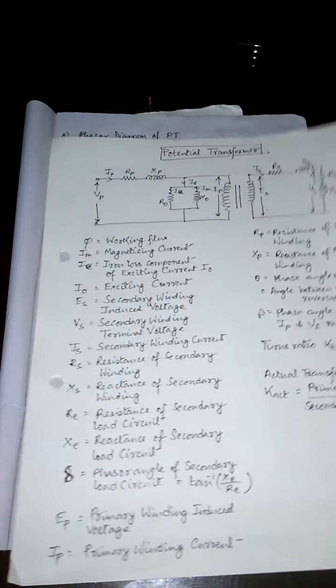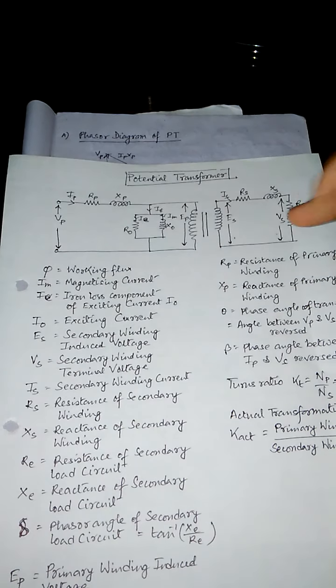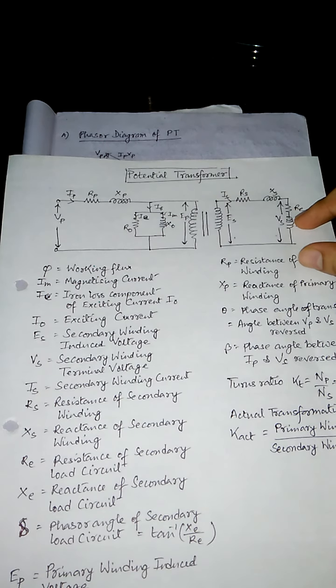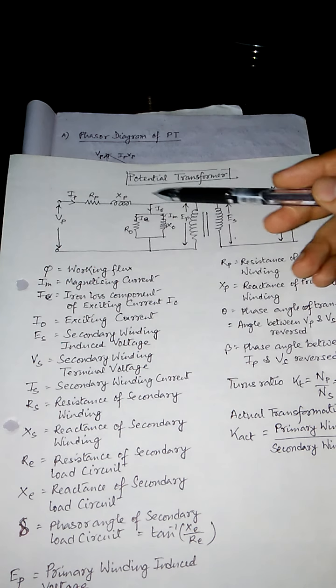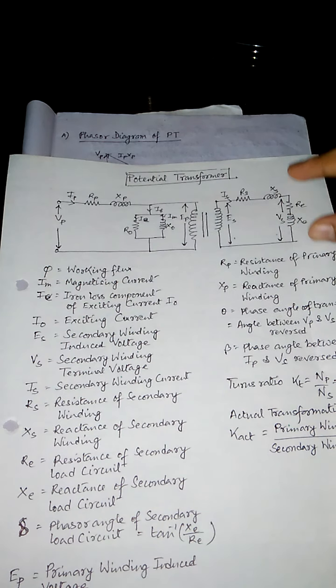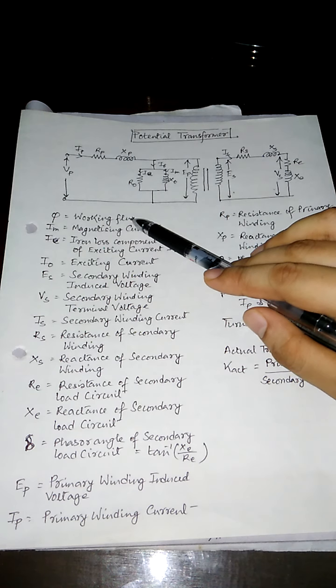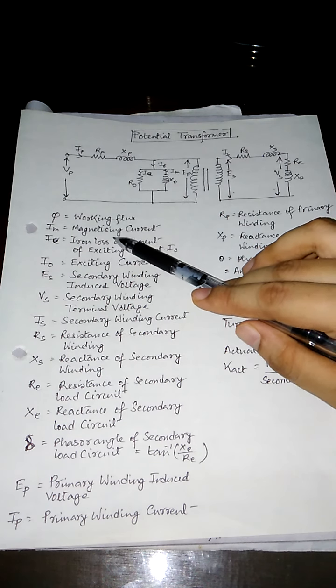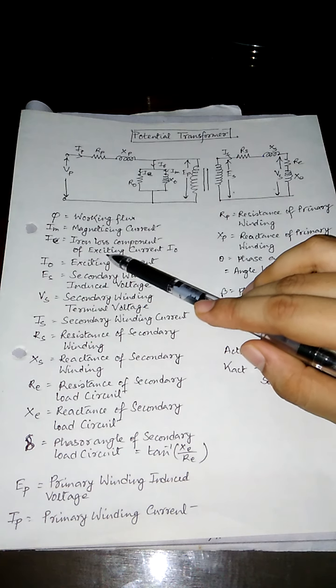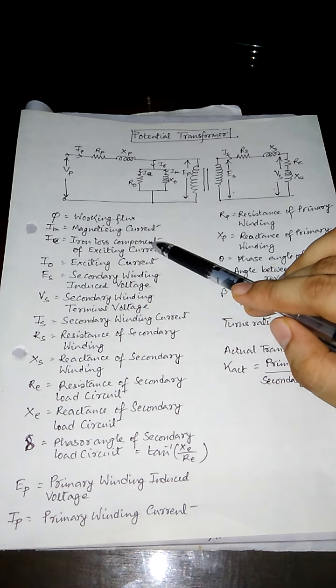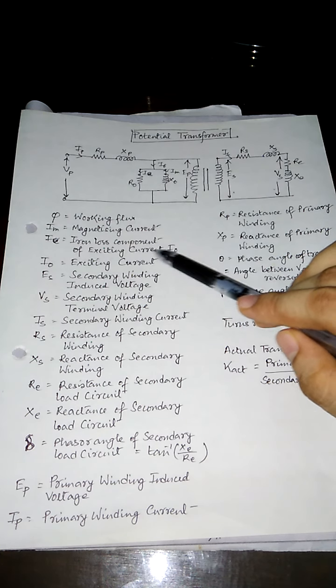Now see, this is the equivalent circuit, where this is the primary side and this is the secondary side. These are the parameters we have defined. Phi is the working flux, Im is the magnetizing current, IE is the iron loss component of the exciting current I0.